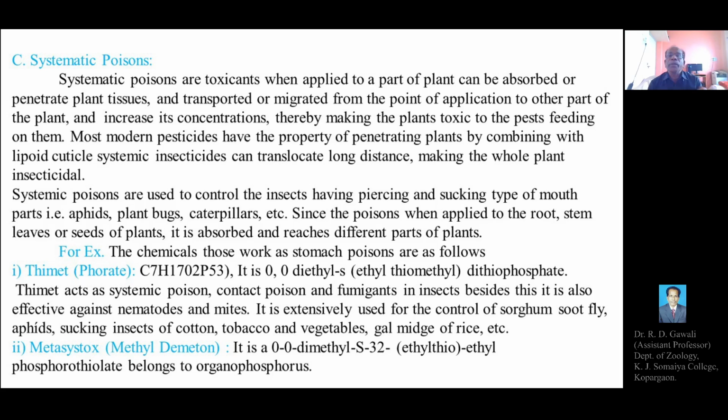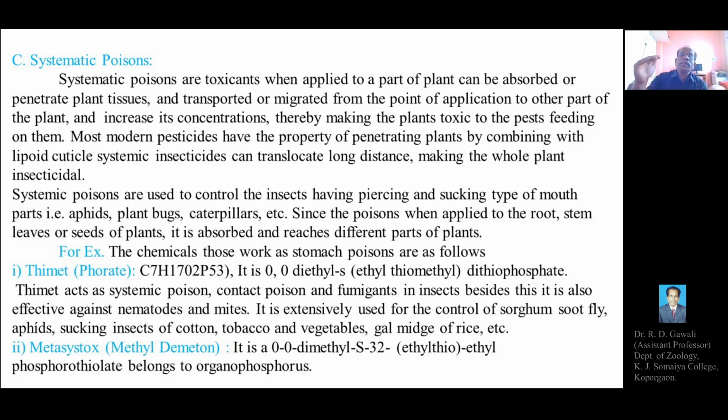When these insect pests, which are sap suckers feeding on plant juices with piercing and sucking mouth parts, feed on such phytotoxic crop plants, they get these insecticides or pesticides in the form of systematic poisons in their body, which leads to a toxic effect, and then it serves as a systemic poison or stomach poison.